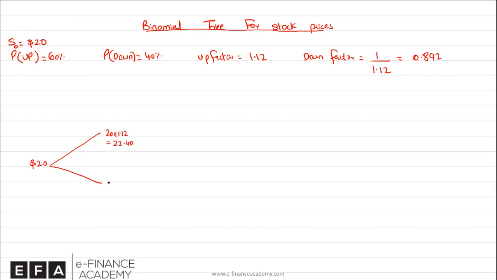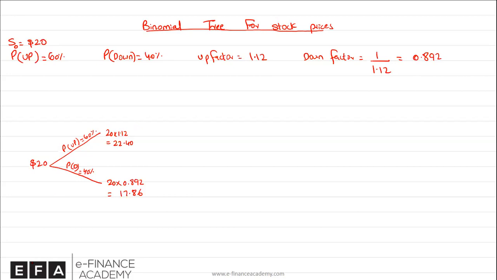Or it can go down, so 20 multiplied by 0.892, and the price could become 17.86. The probability of up is around 60%, and of course the probability of down is 40%. So after 1 year, this is what could happen to the stock prices. It's binomial, only two outcomes.